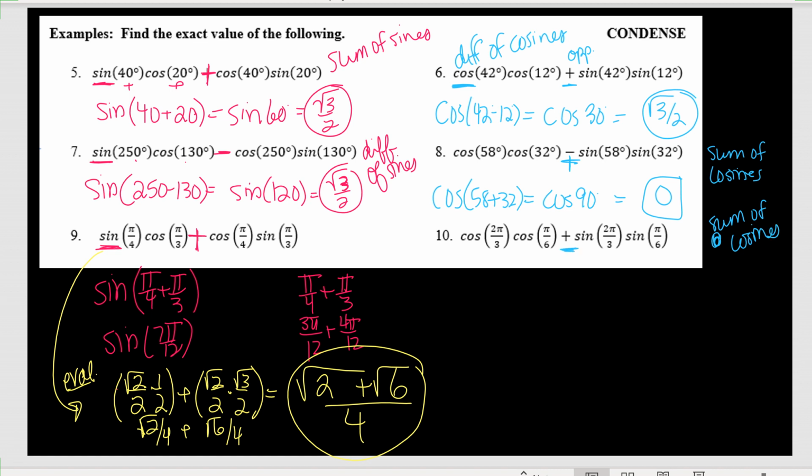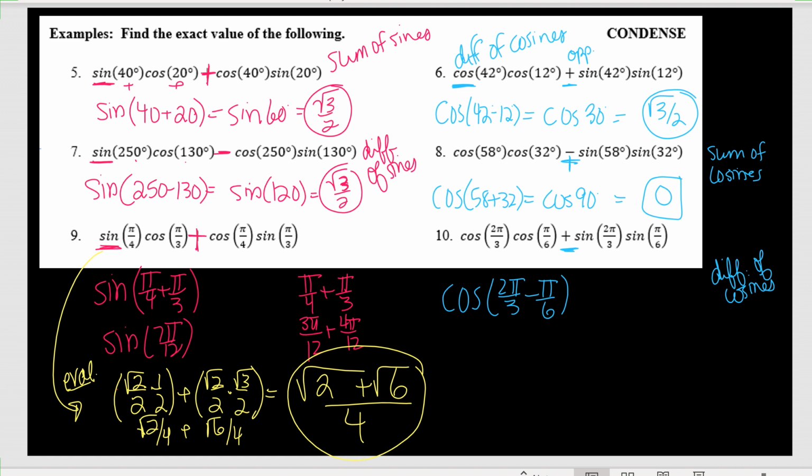This is the difference. My bad. Difference of cosines. Okay, there we go. Now I got it right. So in this case, we are going to write the two angles, cosine of 2 pi over 3 minus pi over 6.